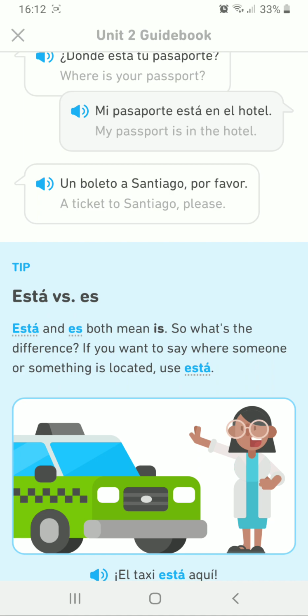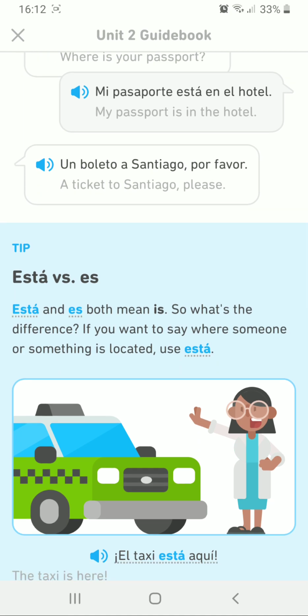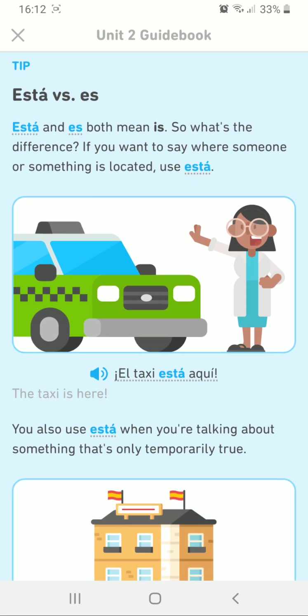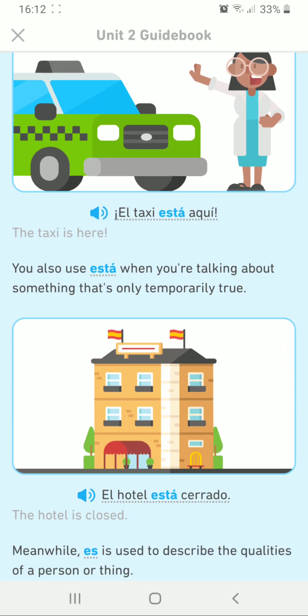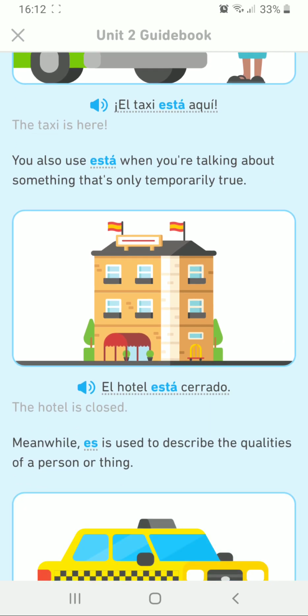So what's the difference if you want to say where someone or something is located? Use está. So estar is more for where things are located, something temporary and so on. El taxi está aquí, for example, but later the taxi will drive away somewhere else. So you also use está when you're talking about something that's only temporarily true.